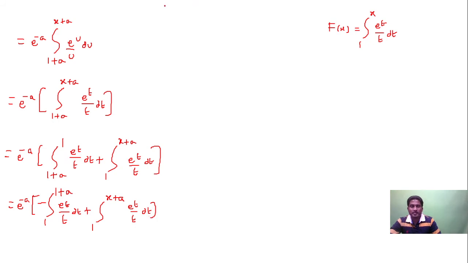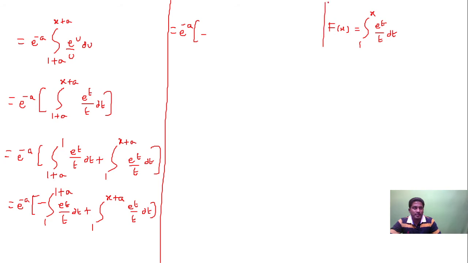Now this can be written as e to the power of minus a, minus of the integral from 1 to x of e to the power of t divided by t, which is f of x. This is f of 1 plus a, and this is f of x plus a. Okay, that's the answer, guys.